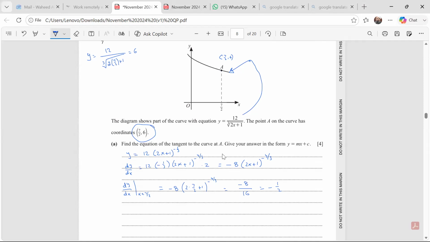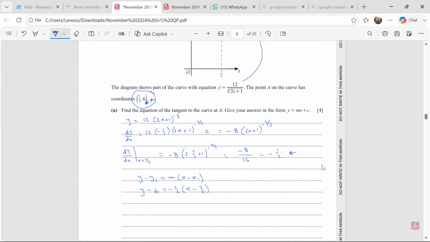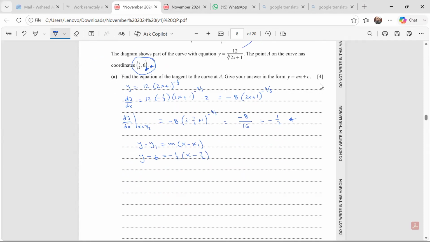Now you have to find the equation of a straight line whose slope is this and which passes through this point. We use the expression y minus y1 equals m times (x minus x1), where (x1, y1) is this point and m is the slope. So it's very straightforward: y minus 6 equals minus half times (x minus 7/2). We write this in the standard form y equals mx plus c.